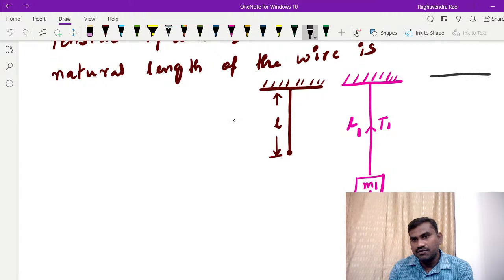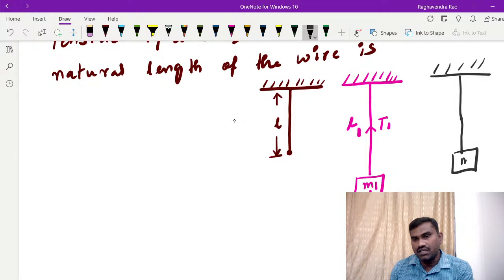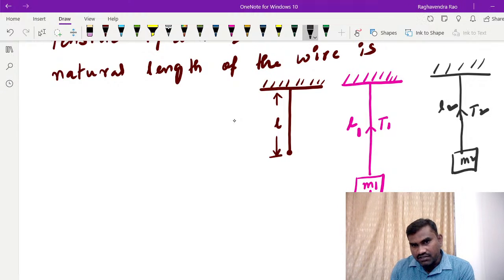Whereas when T2 tension is applied, this is M2, so there will be T2 tension. The length is L2. Now this is the original length L. When T1 tension and T2 tension are applied, the lengths of the wire are L1 and L2.